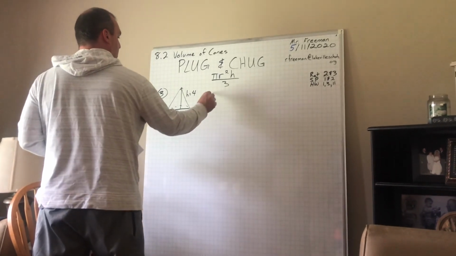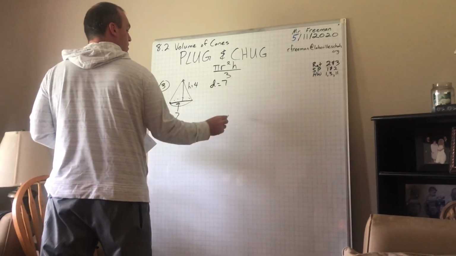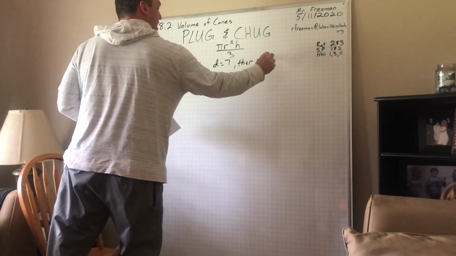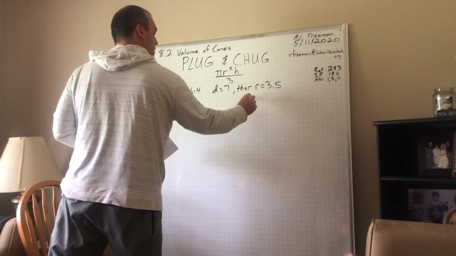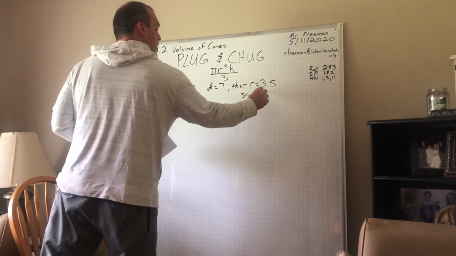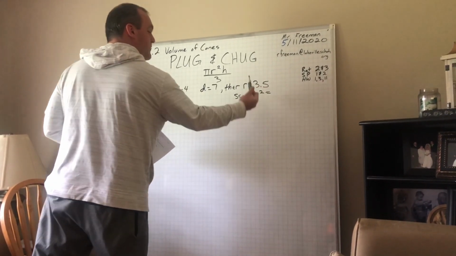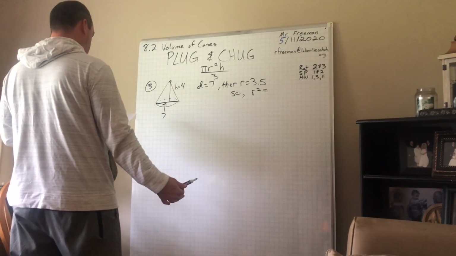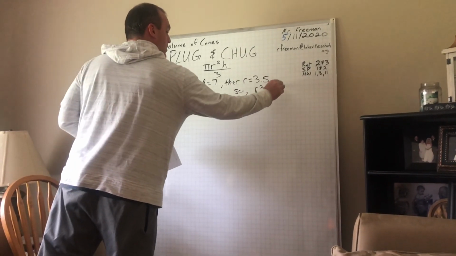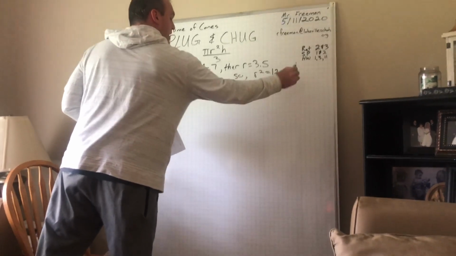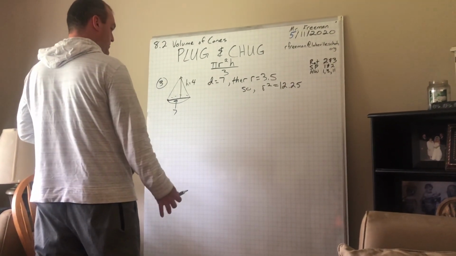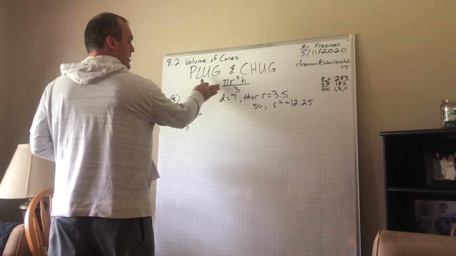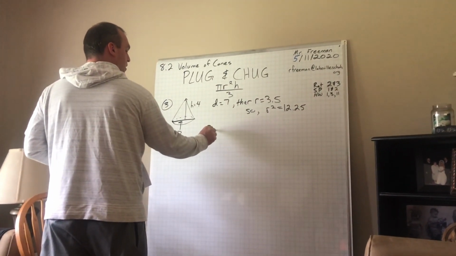But now, if the diameter equals 7, then our radius must be half that, which is 3.5, right? So r squared is 3.5 times 3.5. Well, 3.5 times 3.5 is 12.25. And again, you can check me with your calculator. So I now have every bit of information if I plug it into this formula. Pi is 3.14.